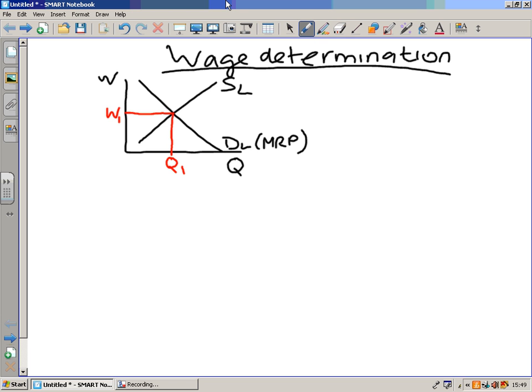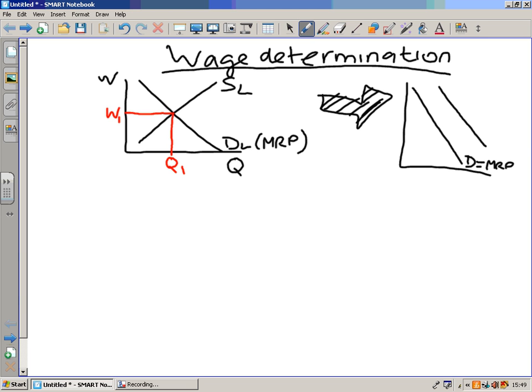Let's think about what might affect this wage rate now. Let's look at how demand increasing will affect the wage rate.